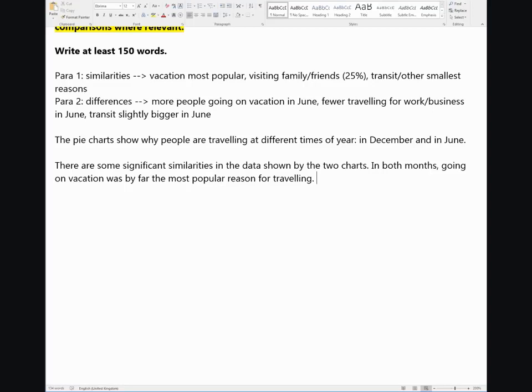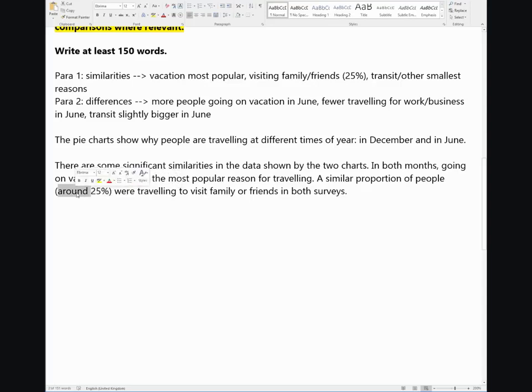All right, what am I talking about now? Visiting family and friends. Okay, right. I think I should put the figure here. Okay, just one thing to notice here. It's very important that if you can't read the data exactly, you need to make it clear that your data is not precise.